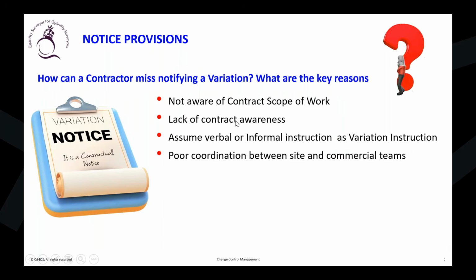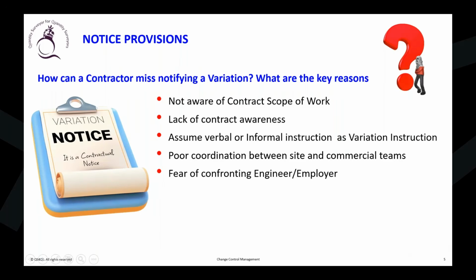Or sometimes the contractor team, especially the site engineers or project manager, try to be a good person to the employer or engineer. They don't want to raise a claim against the employer. They want to act as a good person. So the fear of confronting is another reason they don't want to send the notice.